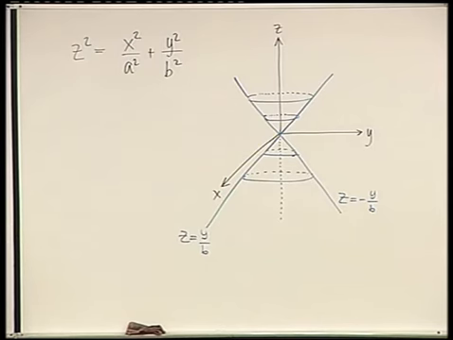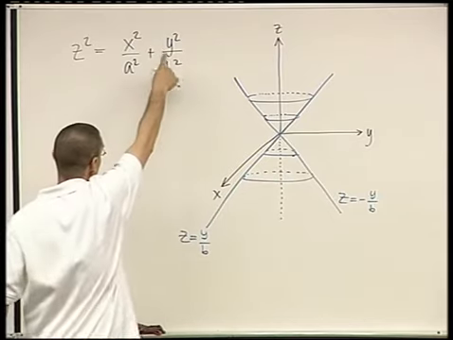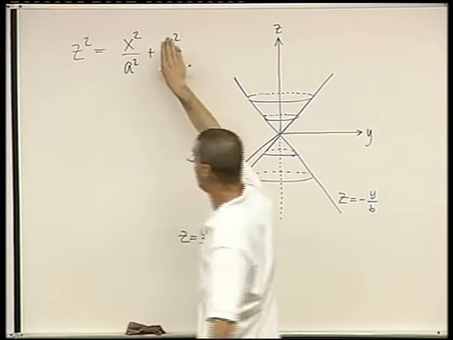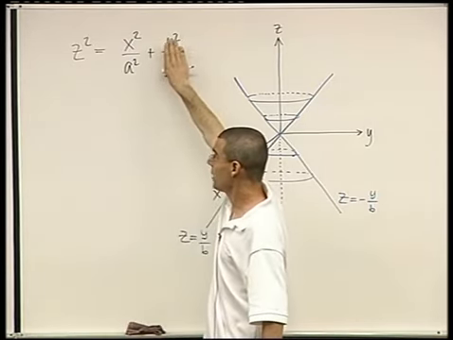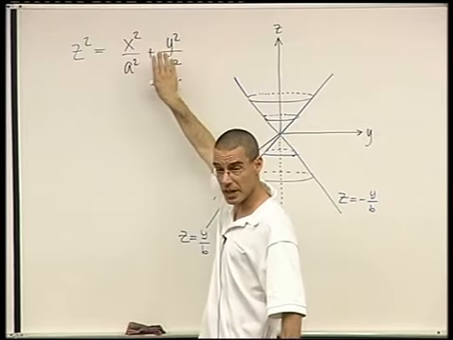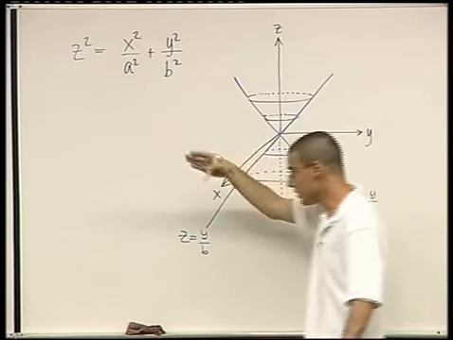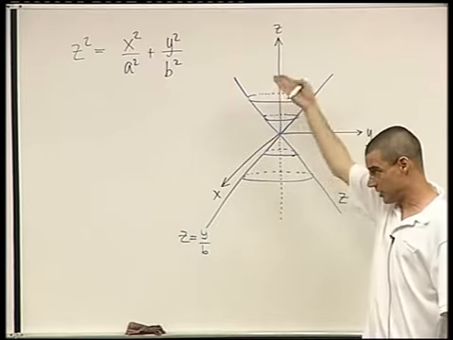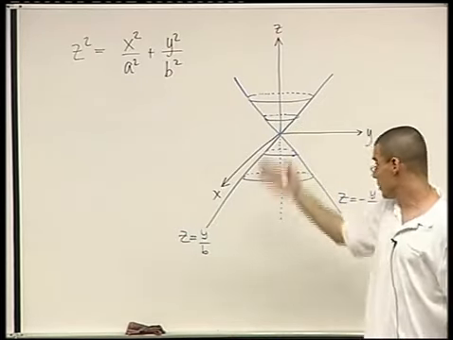That's what I get when I plug in x equals 0. Do you agree? Good, everybody with me? Say something. Okay. What happens when I plug in y equals 0? I again get two lines, z squared equals x squared, z equals x, or z equals negative x. So I again get two lines, and now these two lines are sitting like this, right? So I can draw them.